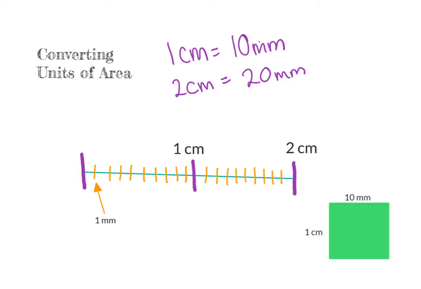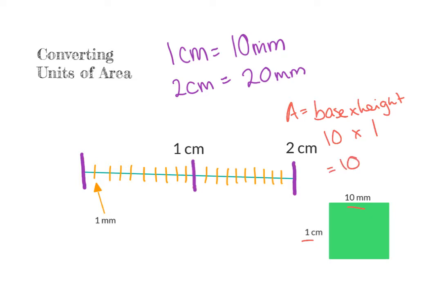Now, if I was to do my area calculations using my typical formula of base times height, oops, forgot my A for area. Always write our formula first. So if my base was 10, because that's what this is here, times my height, which is 1, which is over here, I would actually get 10.